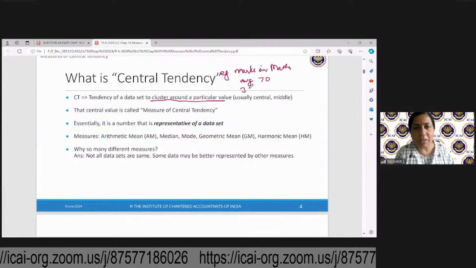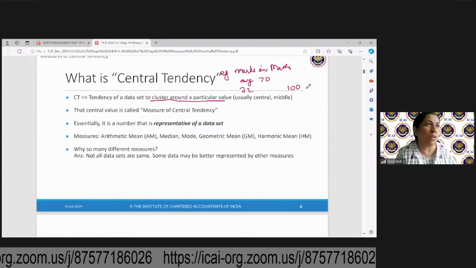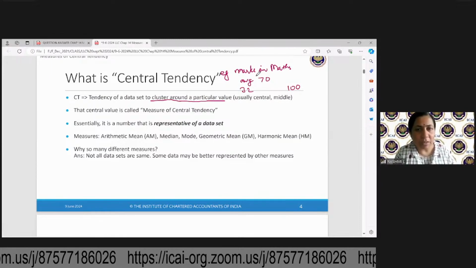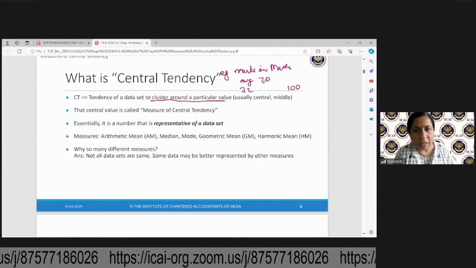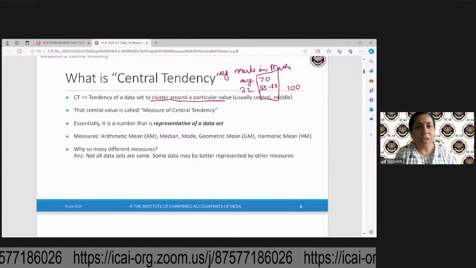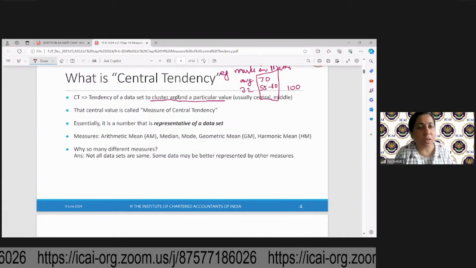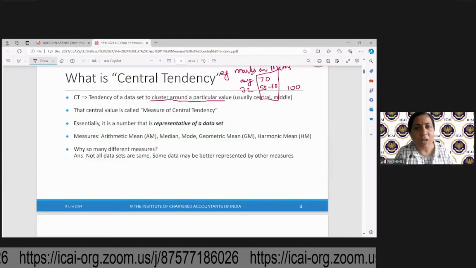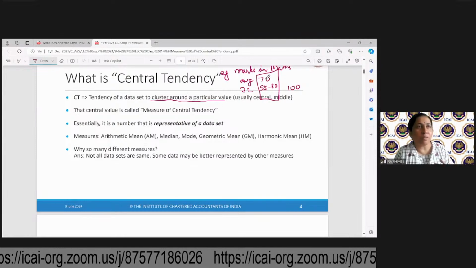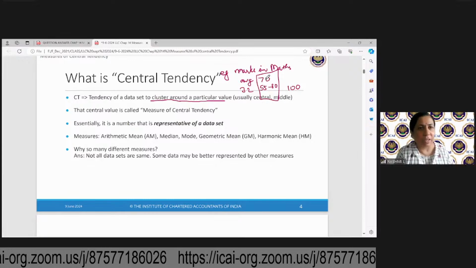Maybe somebody has got a 32, while there is somebody who is very good at maths who gets 100 out of 100. But most of the students are getting marks between, say, 55 to 85. So this is known as the tendency of a data set to clutter around a particular value. What is this value? This is around 70 marks. More or less students have got marks which are near about 70.